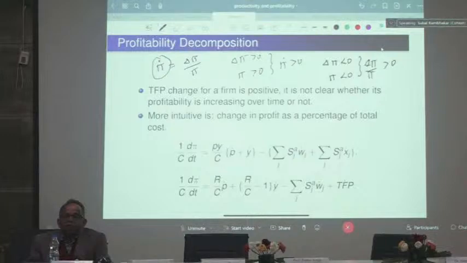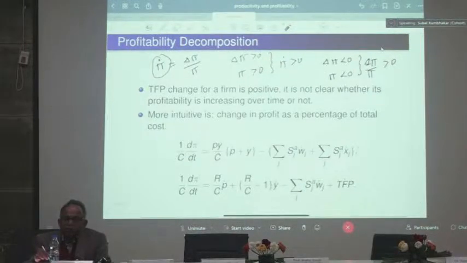To avoid that type of scenario, instead of using pi dot, we express profit as a percentage of cost. To measure profitability change, we'll be using delta pi divided by c. Instead of dividing by pi, we are dividing by c. So we say change in profit as a percentage of total cost. This will never have the situation that I was talking about, because cost is always positive.